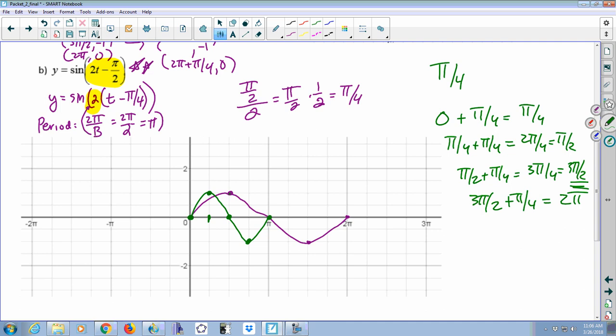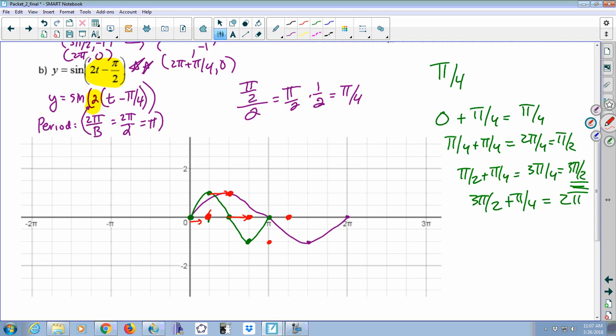So now you do your shape change first, and then you do your shift. So let's do a new color, red. Each one of these moves 1 line to the right, which is pi over 4, right? So here we got this, this, this, and that.